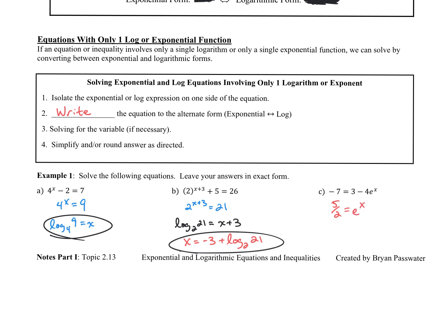And so from there, what do we want to do? Convert to log form. And so now I'd have log base what? E. Well, what is log base e? Natural log. And so now I have natural log of what? 5 halves is equal to x.